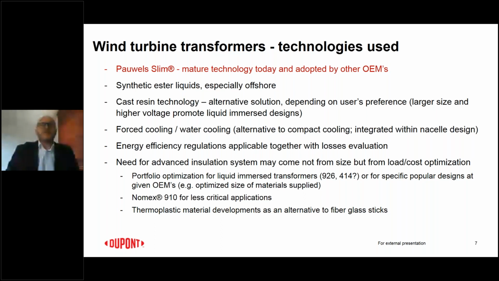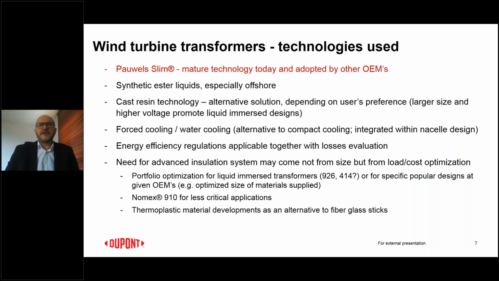So this could lead to the introduction of the materials like the Nomex 926 for the conductor insulation versus Nomex 410, or it could possibly lead to the introduction of Nomex 414 for the layer insulation as compared to Nomex 410 for better and faster impregnation of the material.